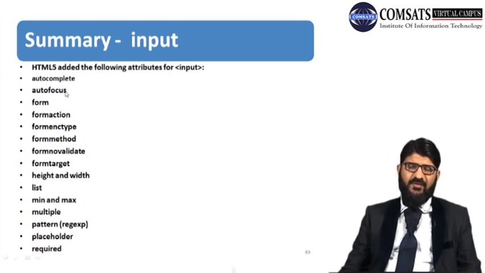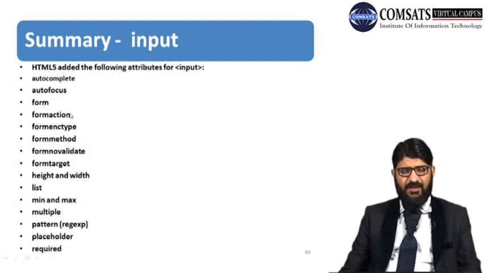Similarly, for autofocus, if you want to move to a particular action, you use autofocus. The form tag I already told you, and the form action you already know. Form action can be, and then reset in an action form, and then the form method you have studied already, get and post method, and then form number validation.